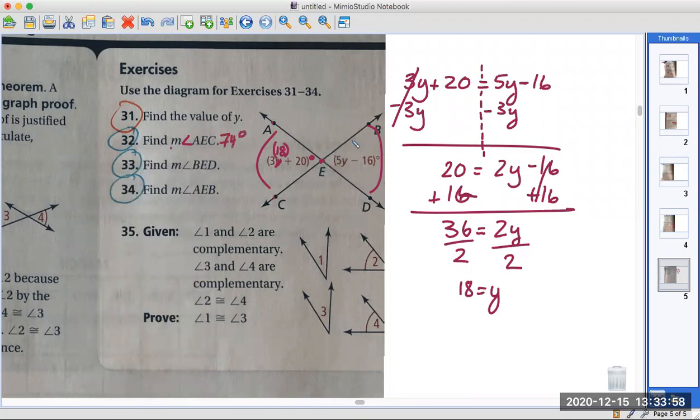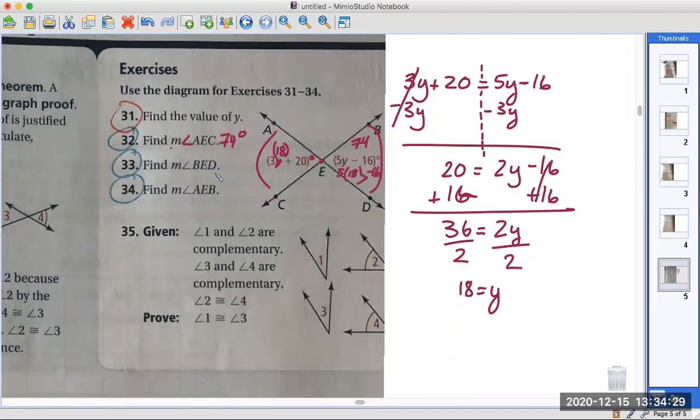And then, of course, this one is 74 as well, because they're equal. 5 times 18 minus 16. So if you do that in your calculator, it should end up being 74. 5 times 18 minus 16. Yeah, 74. So measure number 33.